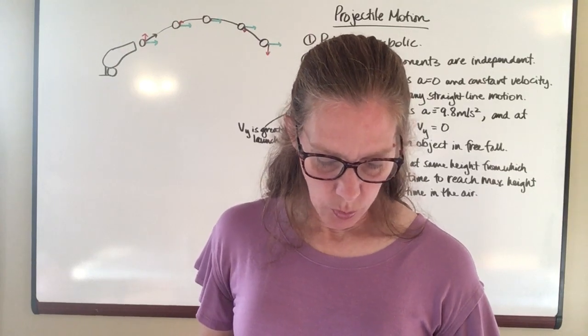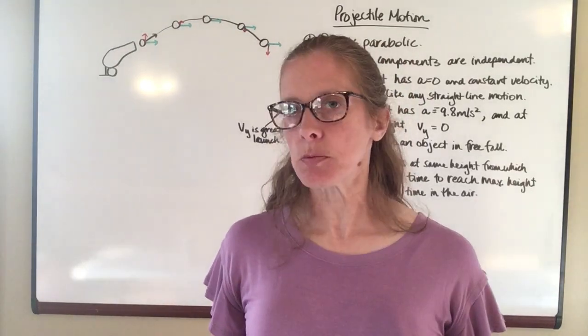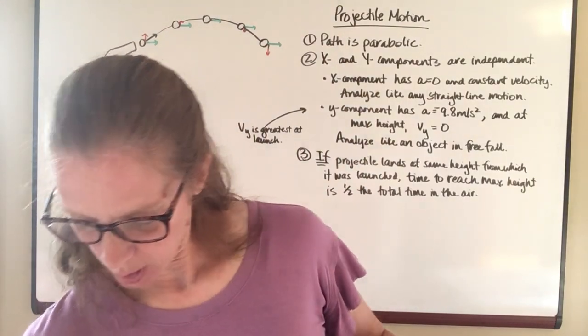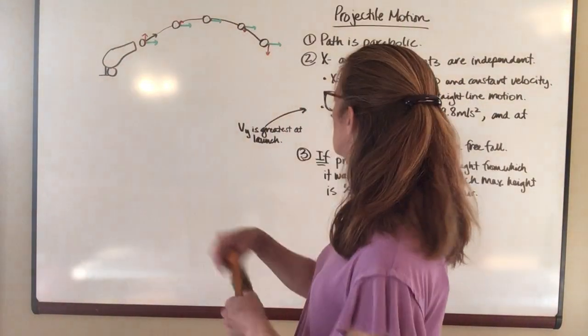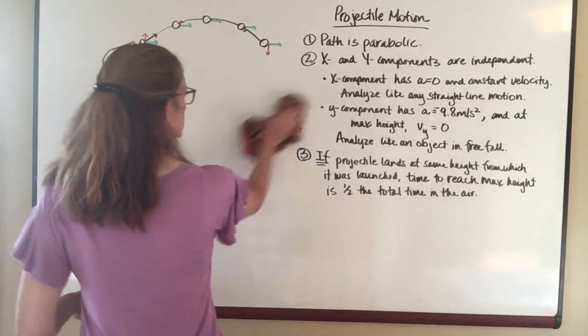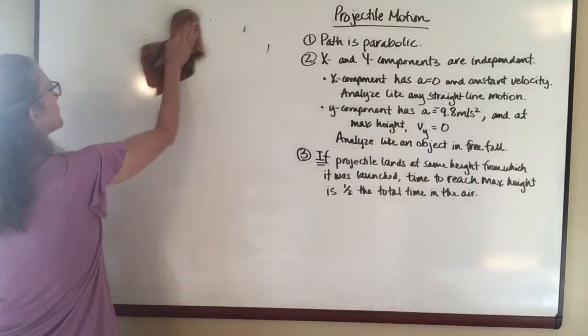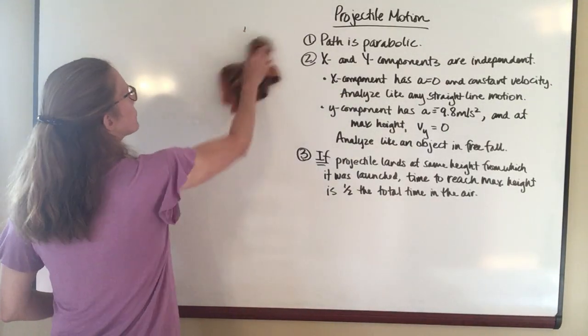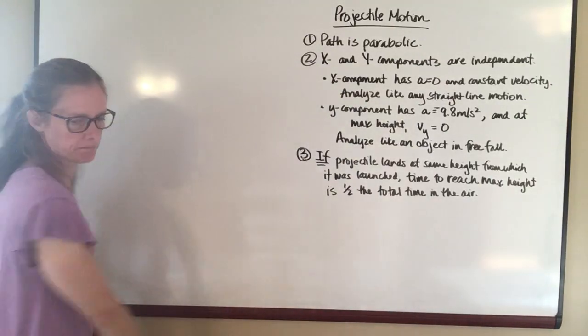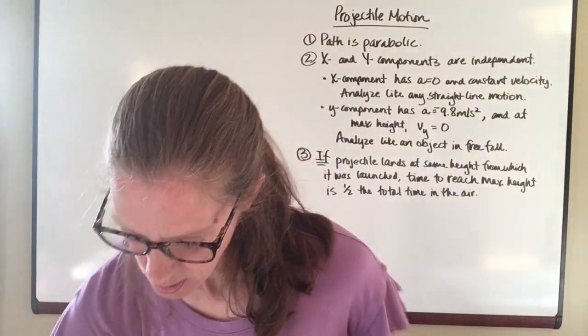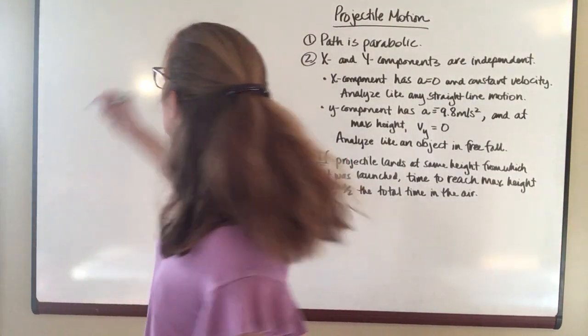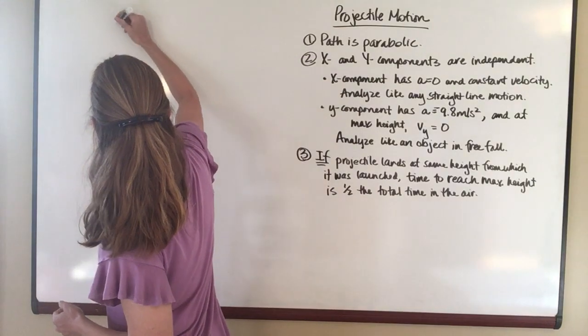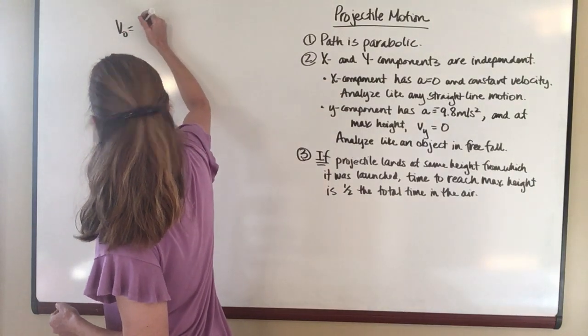So we want to know what maximum height this football is going to reach. So we're going to make a little space over here so that we can work this problem out. All right, so I know that my initial velocity is, was it 15?